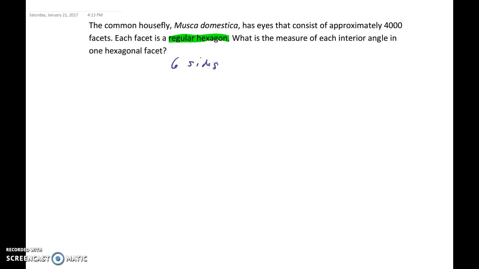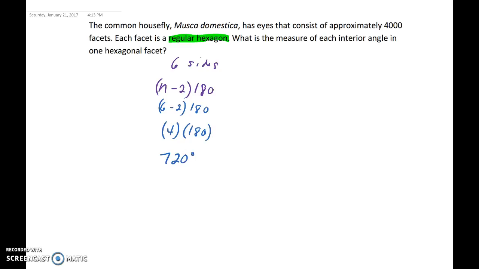In order for us to figure out one interior angle measure, we need to figure out what all the interior angles add up to first. So we'll plug it into our formula: n minus 2, the number of sides minus 2, times 180 degrees. So it'll be 6 minus 2 times 180. So 4 times 180 is equal to 720 degrees.